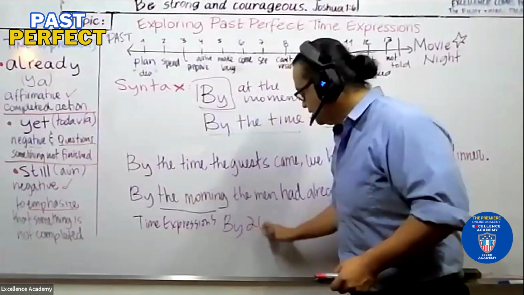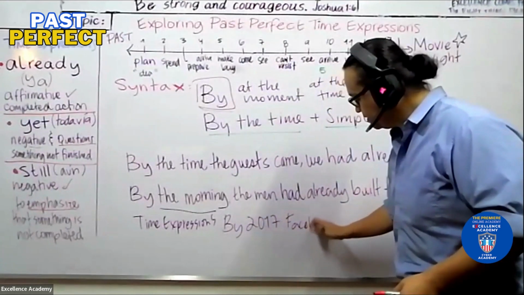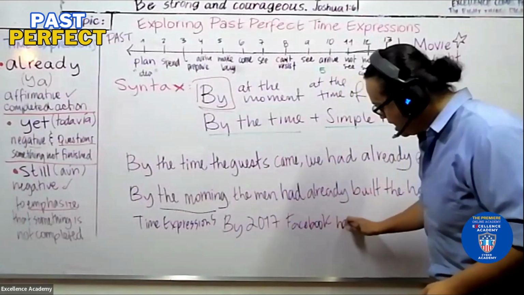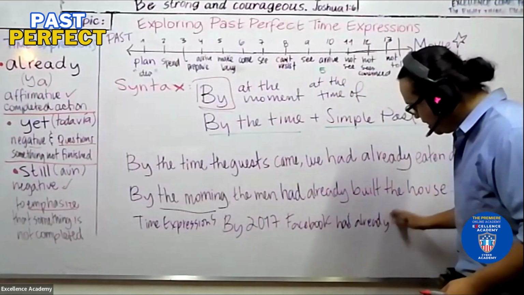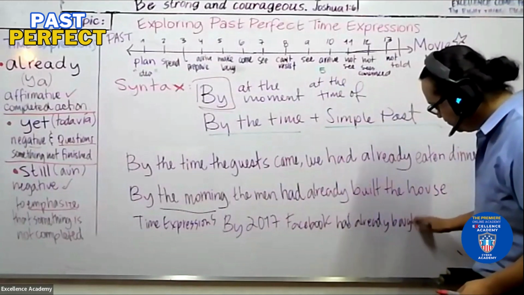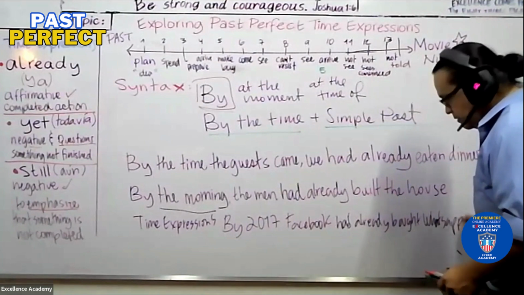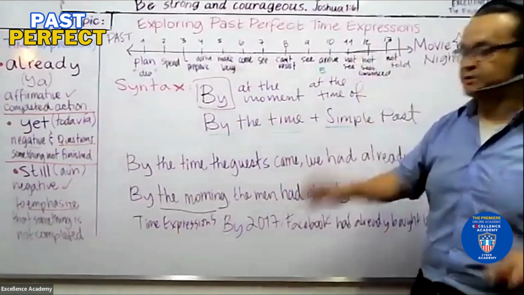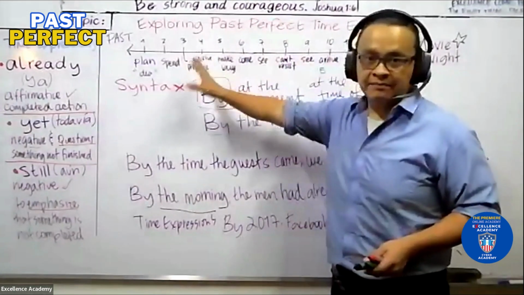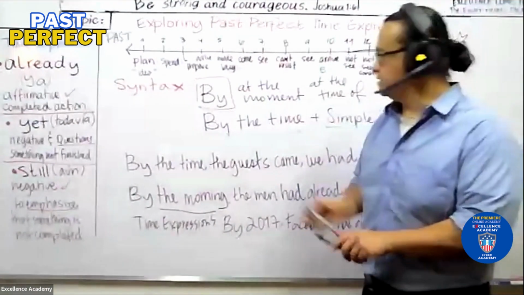So by 2017, Facebook had already bought WhatsApp. Okay, so here by 2017 is that time expression. It's going to put us somewhere in the past, and it's just a phrase.